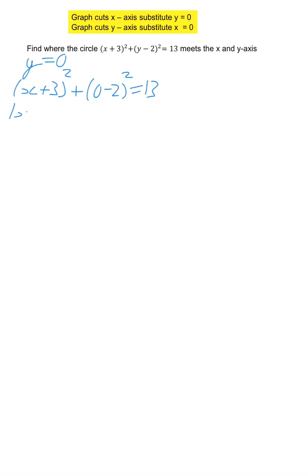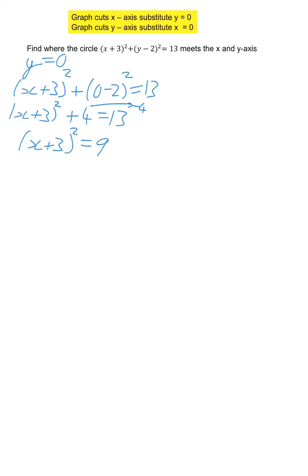So I have (x + 3)². Now, 0 minus 2 is just going to be minus 2, and (−2)² is going to be 4. Now, I can bring 4 to the other side, which will become minus 4. So then I have (x + 3)² equal to 9.